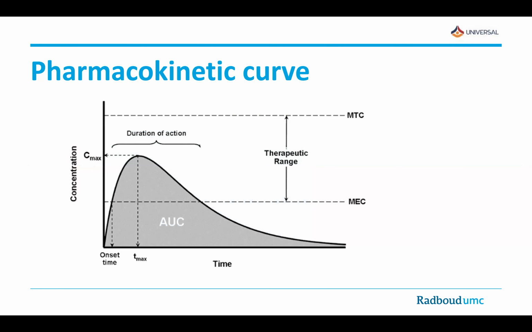So from this pharmacokinetic curve, we are able to gain relevant information. For example, we can see for how long the concentration of the drug is within the therapeutic window to have its action. But we can also see at what time the maximum concentration in the blood is reached, which is the T max.